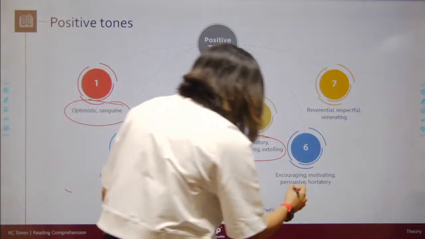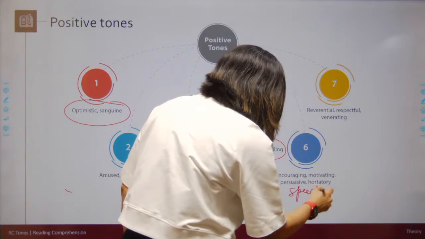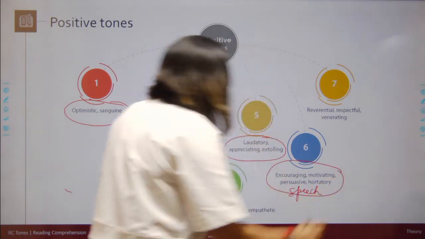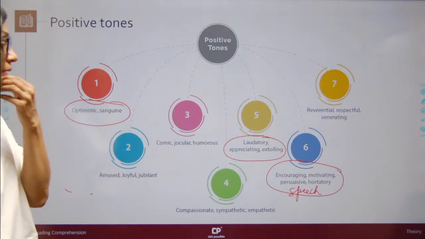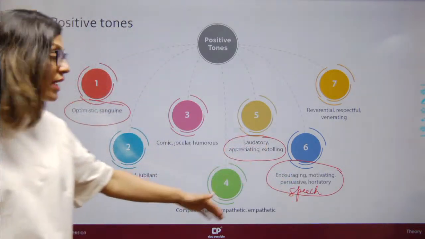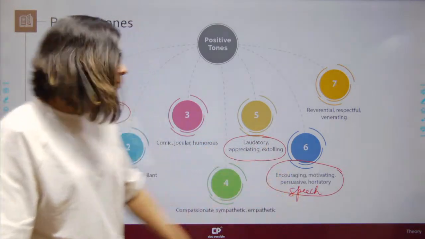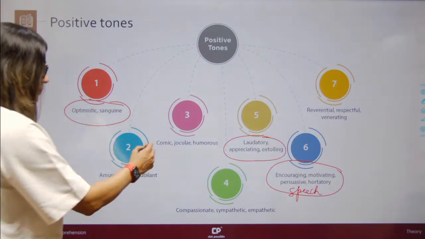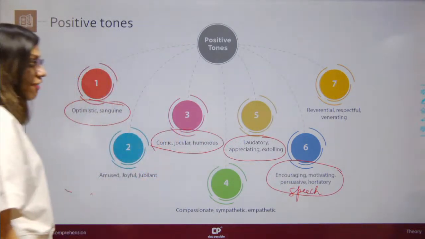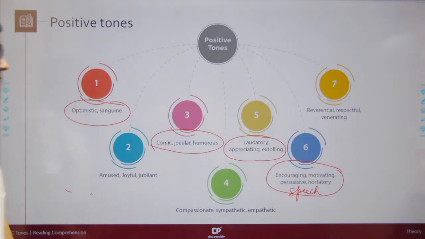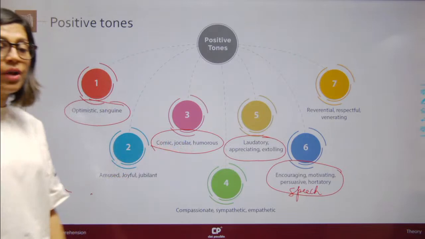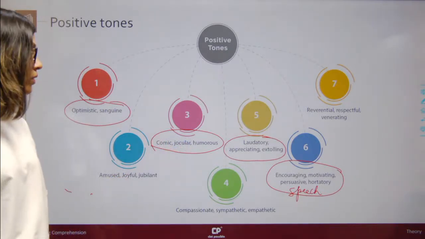If it is a speech motivating people, the tones could be hortatory, encouraging, motivating. If it is witty or comical, these are the tones that you will use, right? Witty and comical.